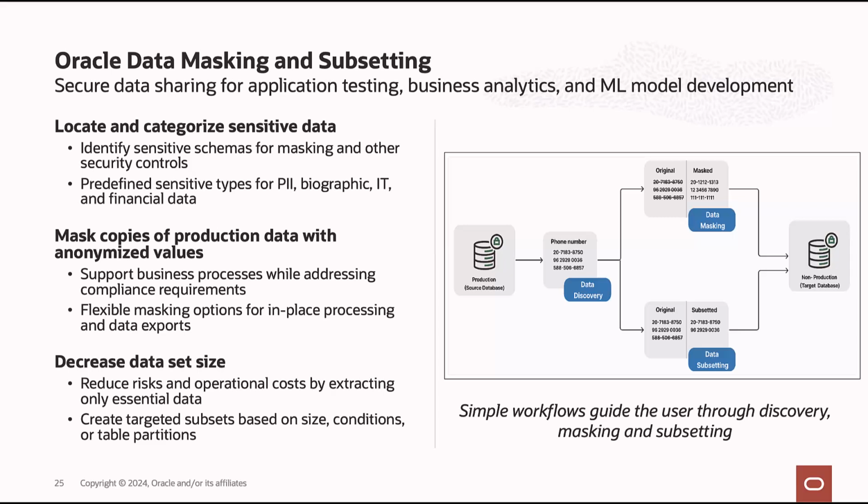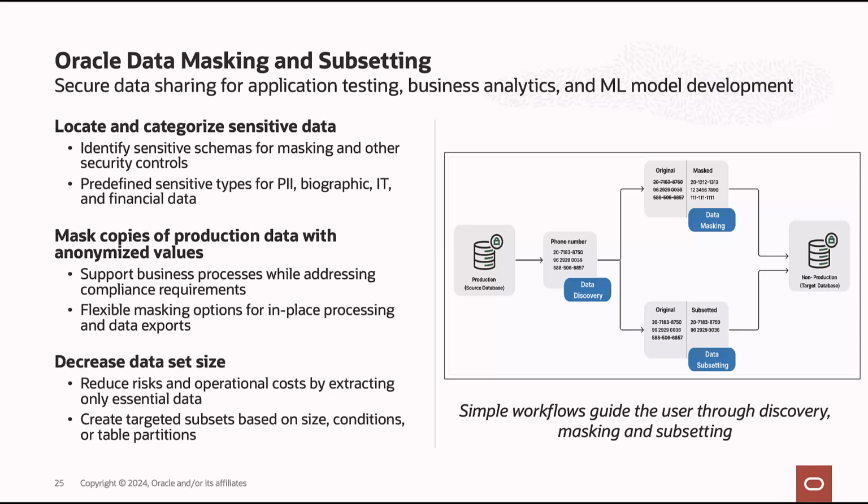So you can't use personal information which is within the database for all these purposes. Data masking and subsetting is one of the features which will help you to secure your personal data or sensitive data before sharing with other systems or other teams.